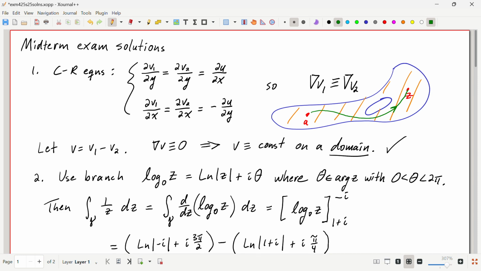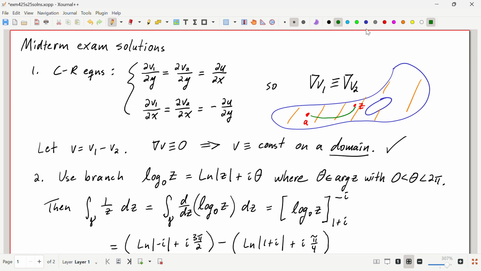So I want to make this a simpler thing. Let me make my Z here. There's a Z. And I'll make my curve going from A to Z.